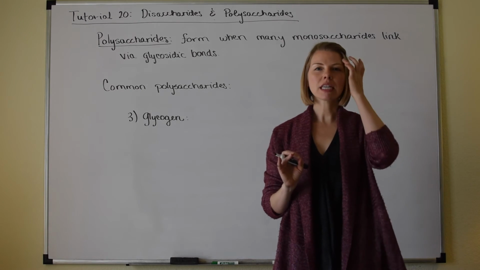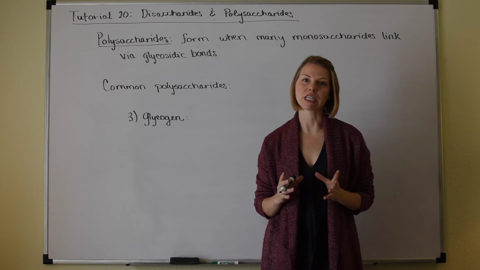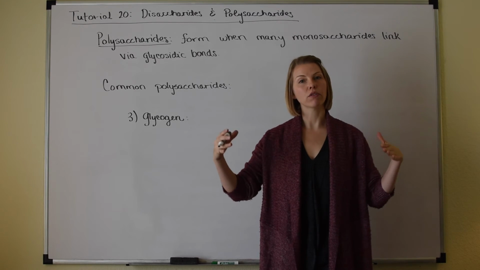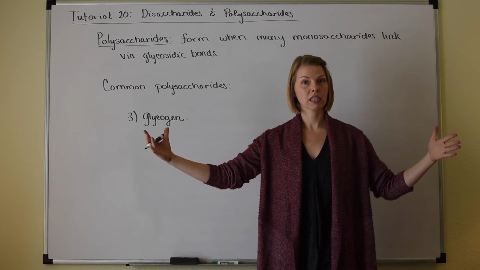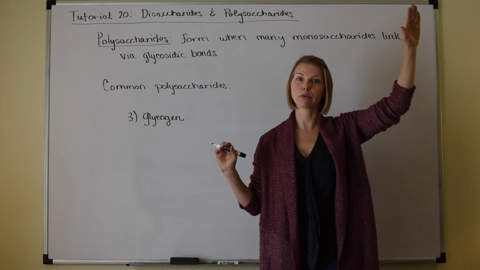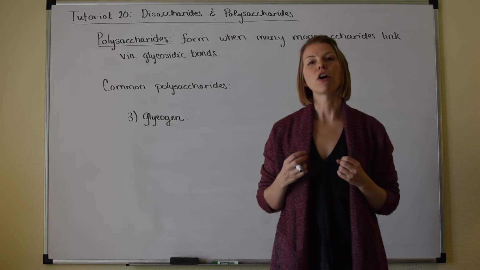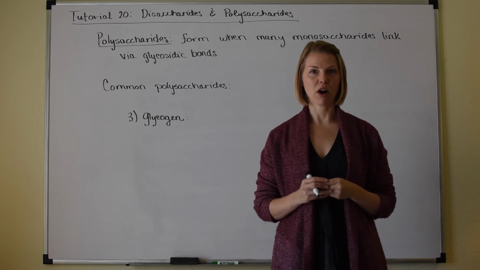And glycogen is a polysaccharide composed of D-glucose units connected by alpha 1,4 glycosidic bonds with branching chains of D-glucose, which are connected to that primary chain by alpha 1,6 glycosidic bonds.